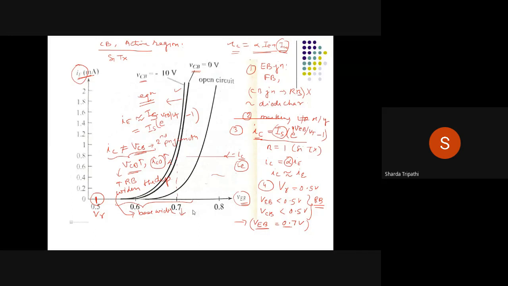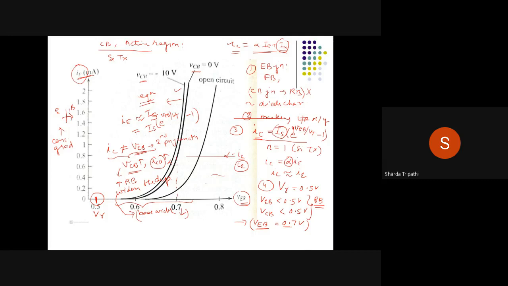Already the base was the narrowest of all the three layers, but if you increase the reverse bias across the second junction, the base width further reduces. So now if the base width reduces, then between emitter and base, the concentration gradient increases. Why will it increase? Because the base was already lightly doped.